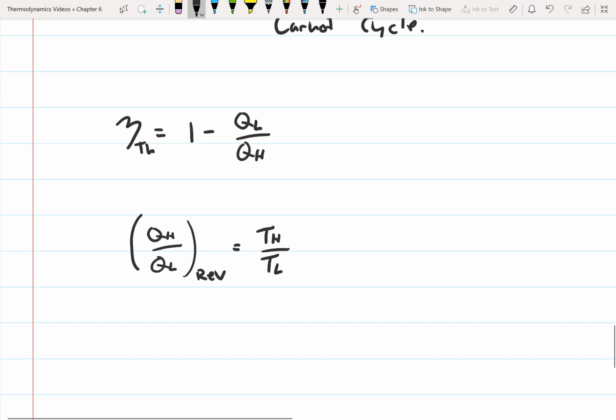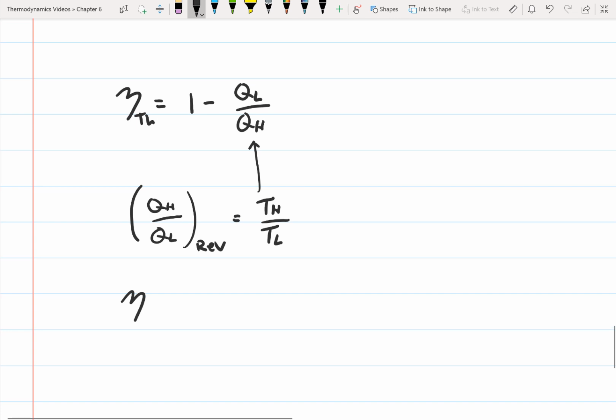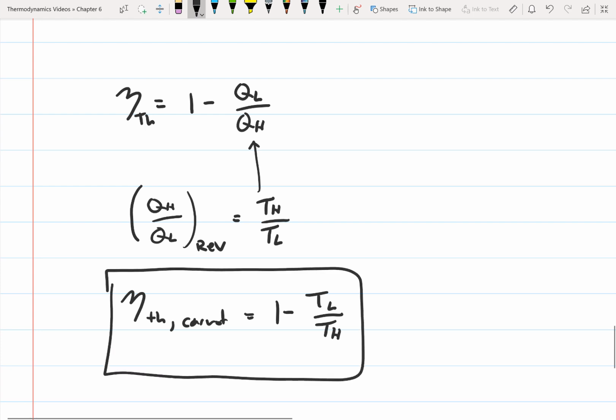And so we can plug the T high over T low into this equation for Q high over Q low. So then the thermal efficiency for a Carnot cycle, so I'm just going to put Carnot, is equal to 1 minus TL over TH.